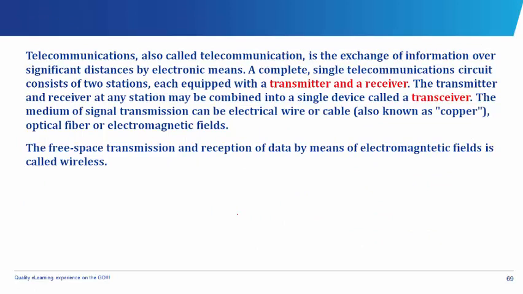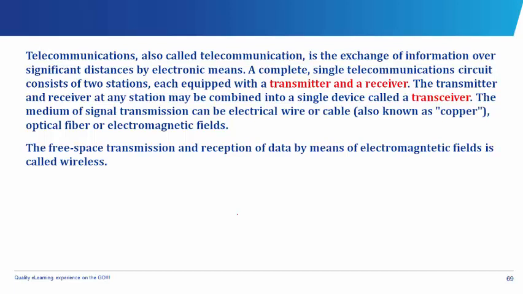Telecommunications, also called telecommunication, is the exchange of information over significant distances by electronic means. That is, from here to America, to India, to anywhere, yet we exchange information. A complete single telecommunications circuit consists of two stations, each equipped with a transmitter and a receiver.